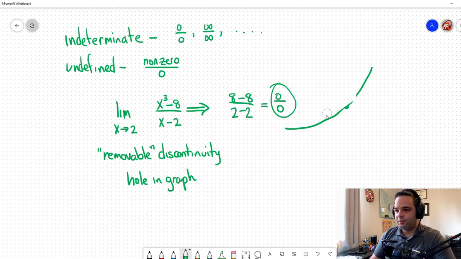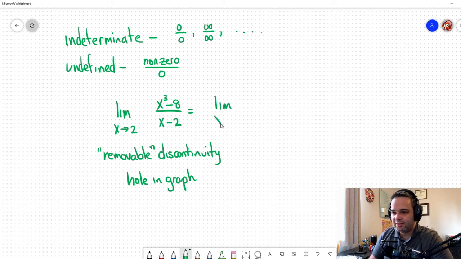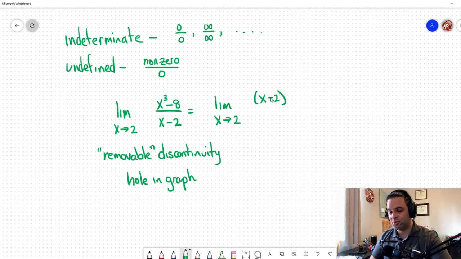I could take this expression and, using some algebra, rewrite that limit expression so that I could actually cancel stuff away. I'm going to factor the top. Remember, difference of cubes. As I told you last week, we're going to be using all the stuff that we learned from previous years, so now this is all going to come back.